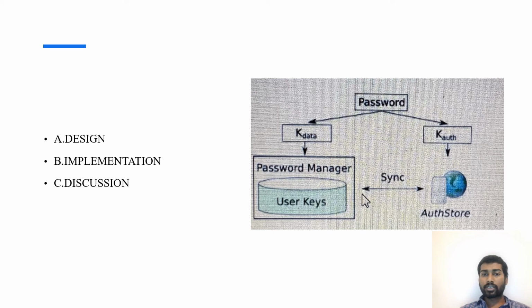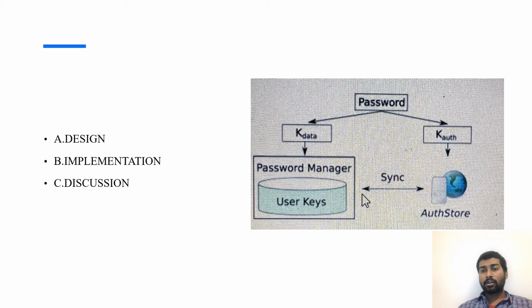How it works efficiently, as we discussed earlier: using KDF, the user derives the base key K from the user password. From the base key, an arbitrary number of user keys, K data and K auth, are derived.